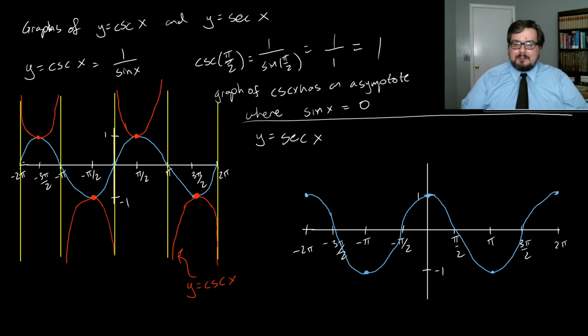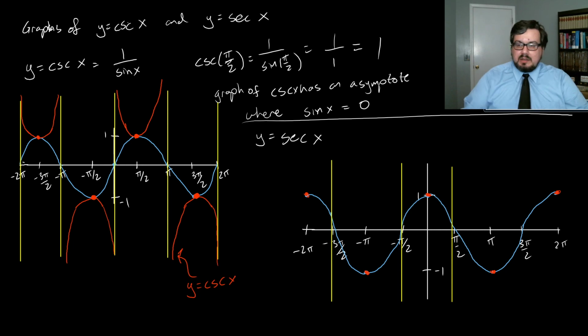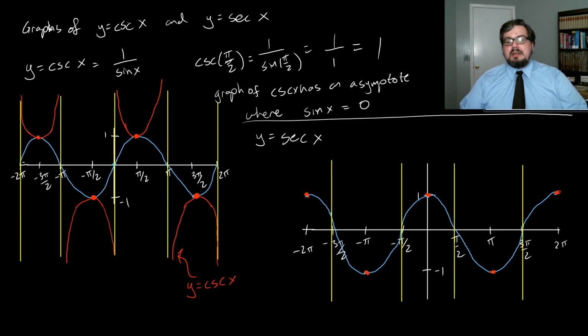And so if we want to graph secant, first of all, it's going to match up with cosine whenever cosine is 1 or negative 1, and then we're going to get a bunch of asymptotes again. We're going to get asymptotes wherever cosine is equal to 0. So in fact, we're going to get asymptotes at pi over 2, 3 pi over 2, negative pi over 2, negative 3 pi over 2, and further down the line.